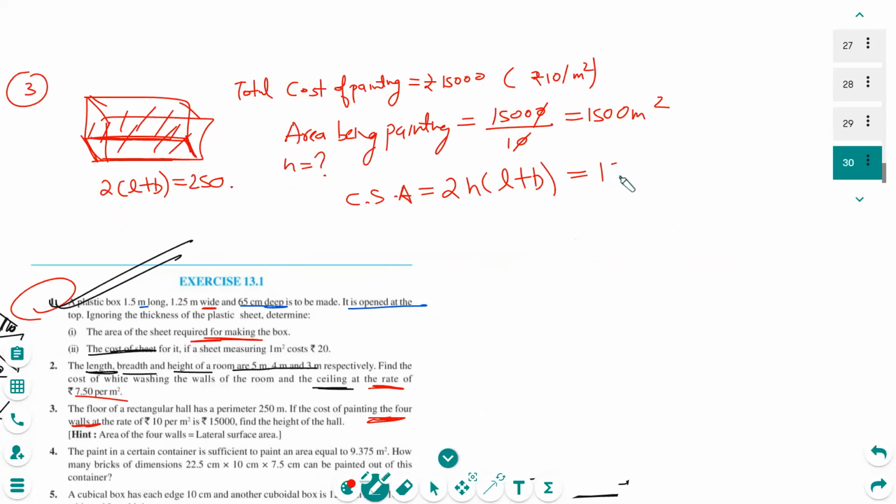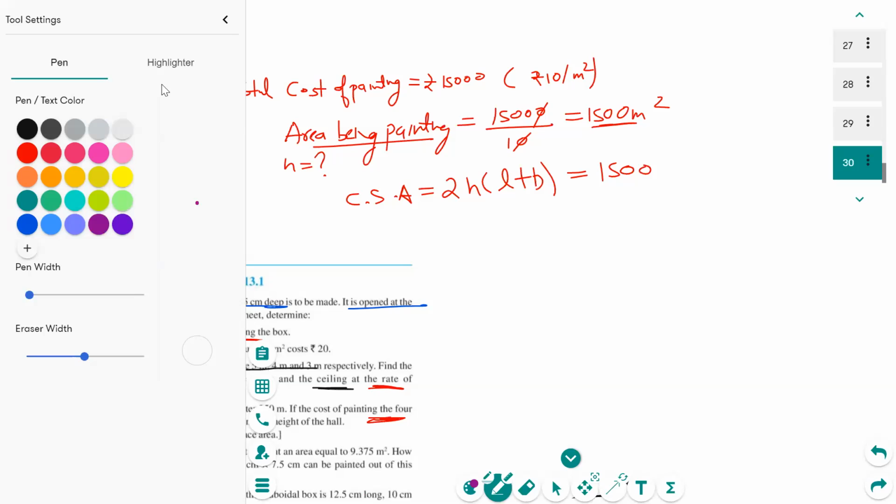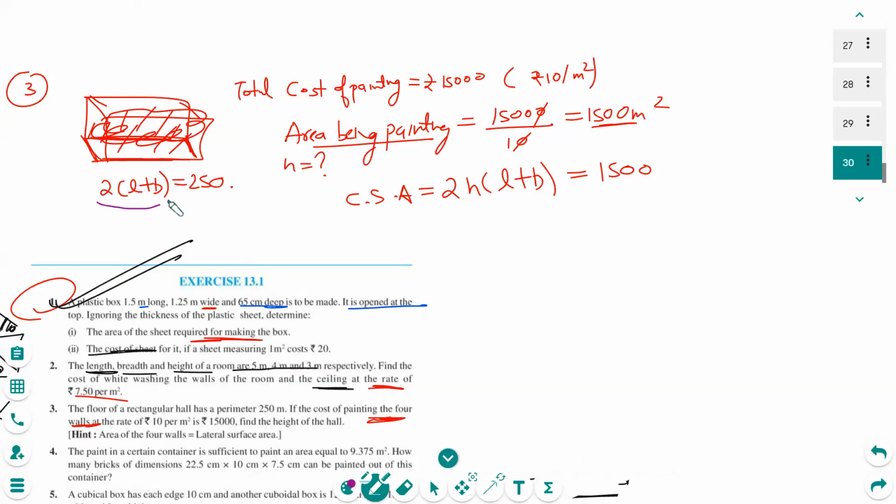And it's equal to 1500 meters square, which we just found, the area being painted, that of the walls. To make this calculation easy, you can see 2(L plus B) is actually 250. So I can just put the value of 2(L plus B) here. It will be 250 times H.